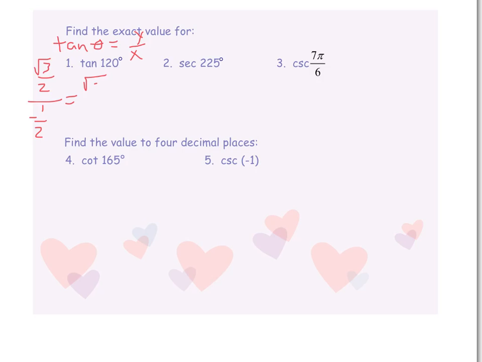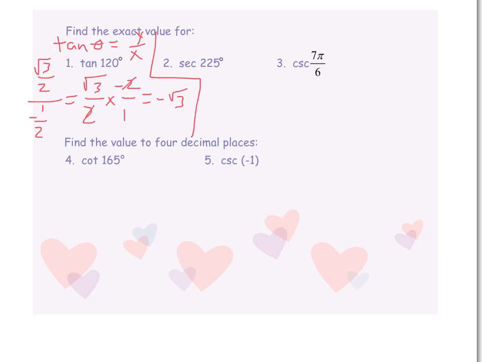I am not going to leave the answer in that form. Instead, I will multiply by the reciprocal, and the 2's cancel, and I get negative square root 3.